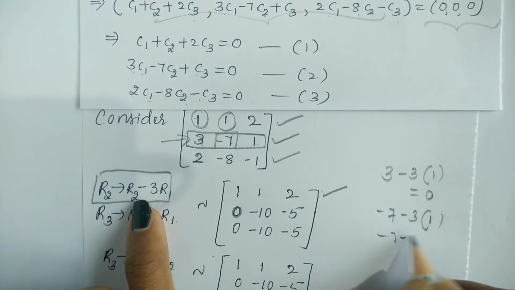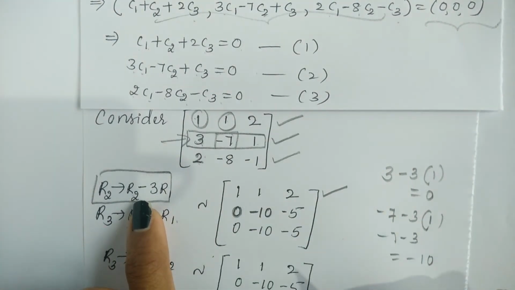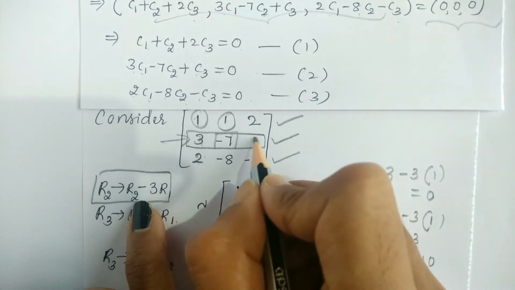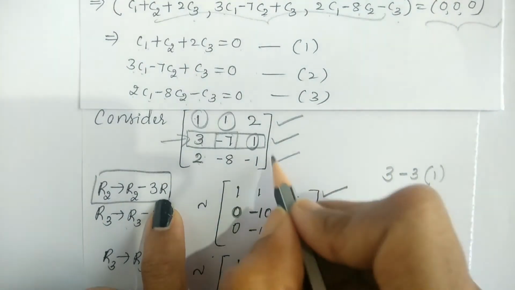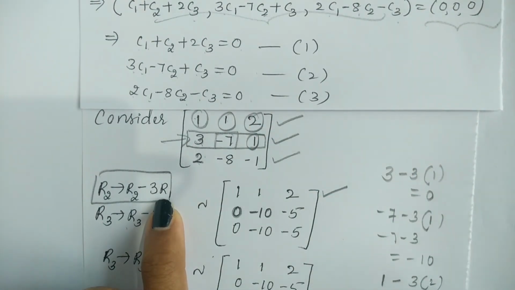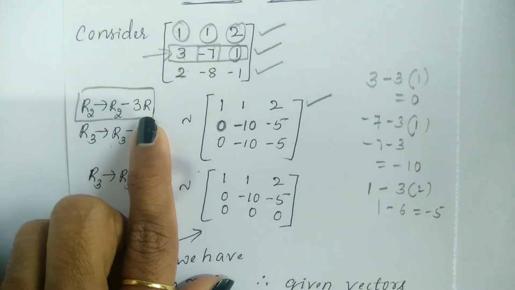So -7 minus 3 ones are 3, so -10. Put that one. Next R2 element is 1 minus 3 into R1, which is 2. So 1 minus 3 twos are 6, we get -5.